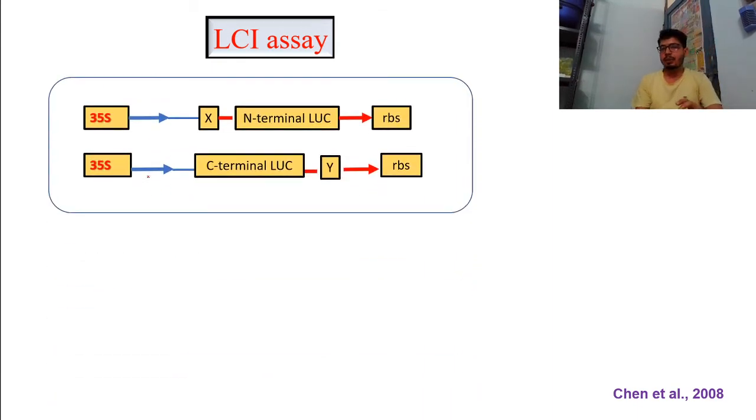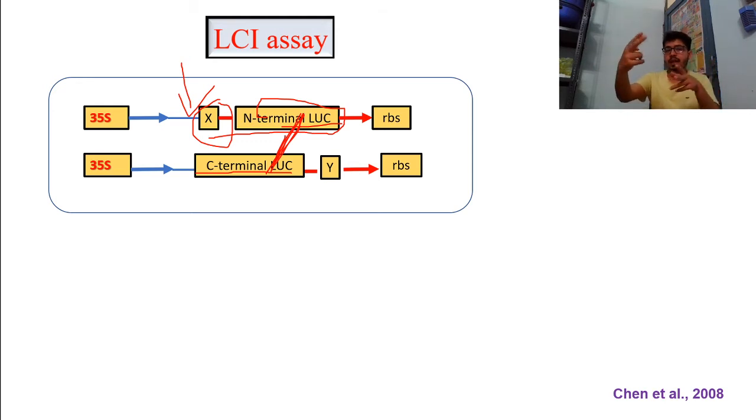So what you have to do, you have to express under the 35S promoter because this is constitutive. Okay, and you have taken an X partner. Suppose you want to know whether X protein is interacting with Y protein or not. So one protein is the N terminal of the Luc system, and one is the C terminal of the Luc system, because N and C terminal, this is a control.